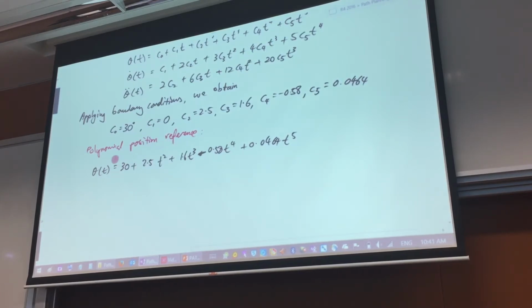If you're asked only for that, then you just need to write only that step. But I'm going to write now the polynomial velocity reference and polynomial acceleration reference. Very quickly, I'll just do that differentiation, and differentiate that again.